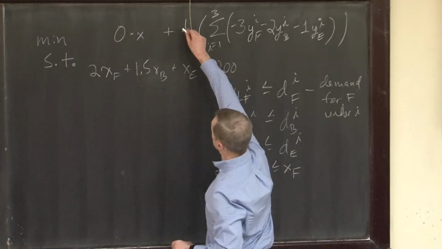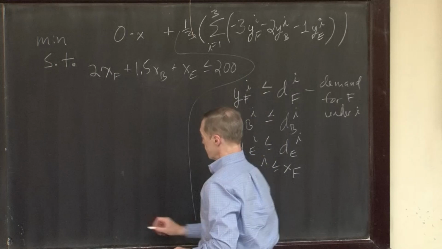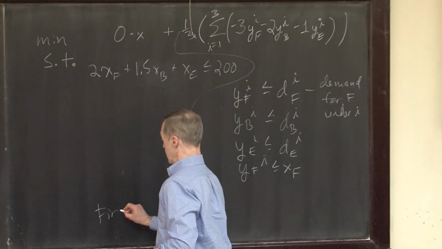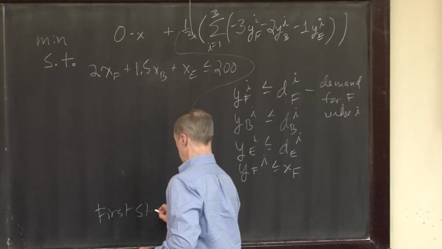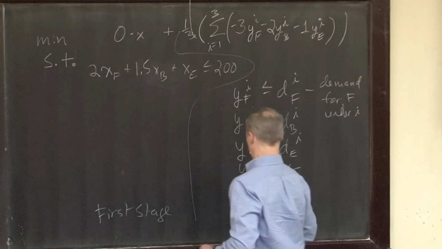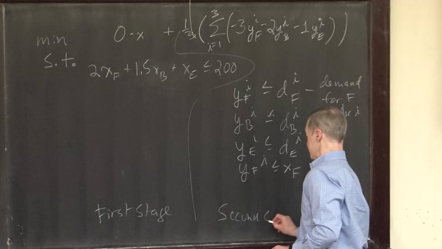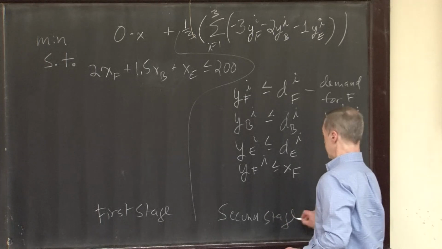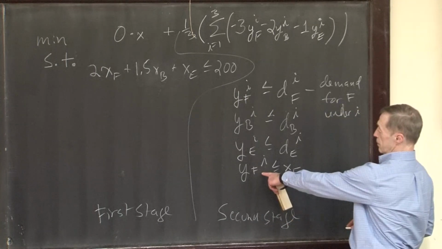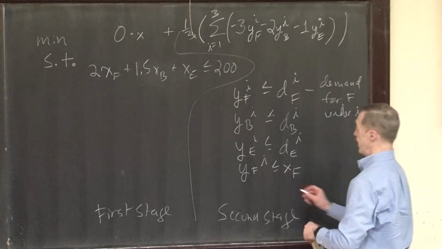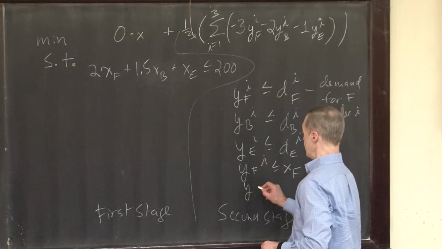So this part is the first stage, and this part over here is the second stage. So I can't sell any more than the first class seats I put in.